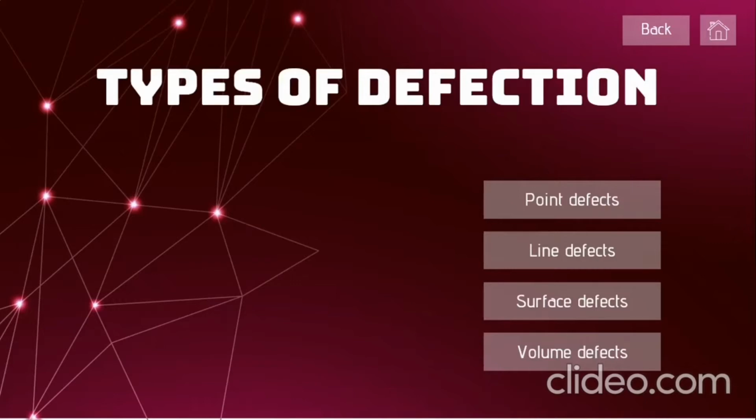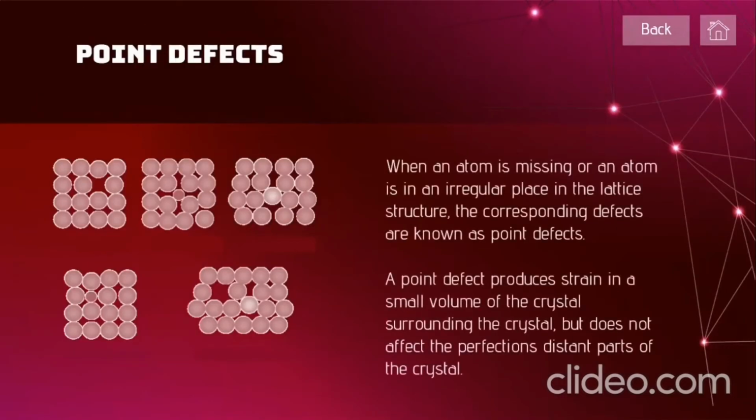Surface defects occur in two dimensions of the crystal structure, while volume defects occur in three dimensions of the crystal structure. Let's begin with point defects.